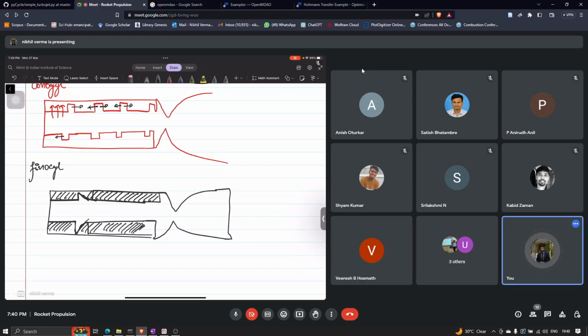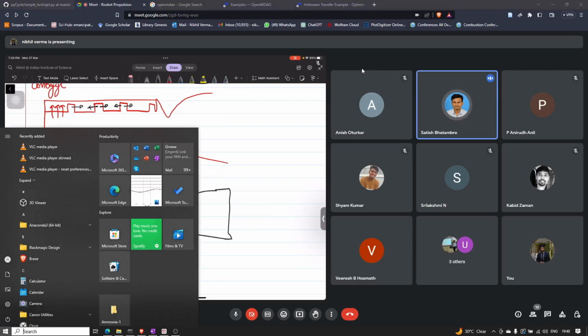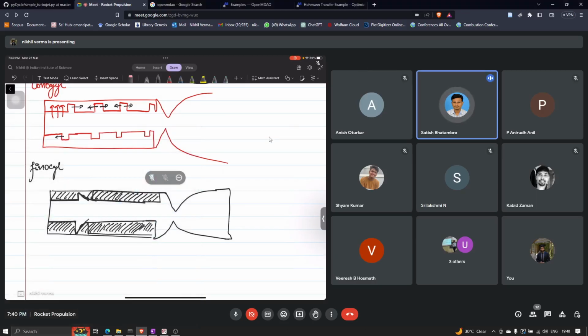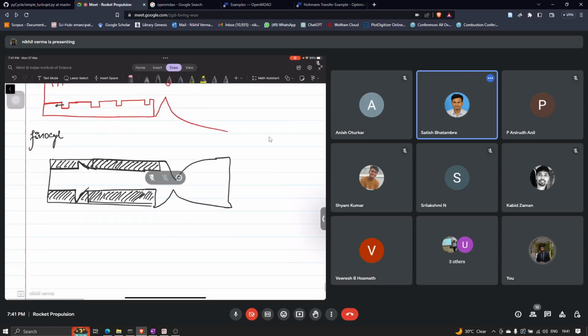To be honest, I do not know right now where they are used, but in the next class maybe I'll read about it and let you know. Sir, they can use it based on requirement only. This one is used when initially high thrust is required and then minimum pressure. Yeah, that's what it is.